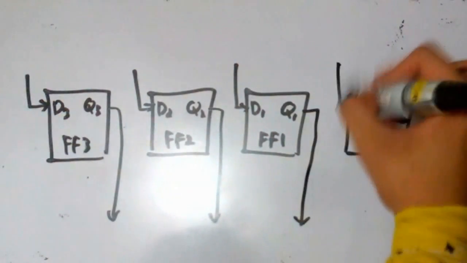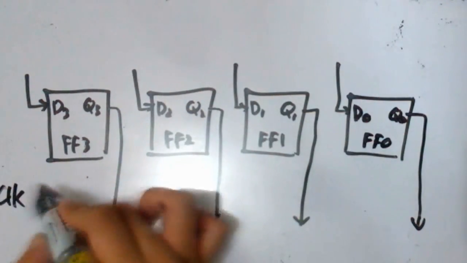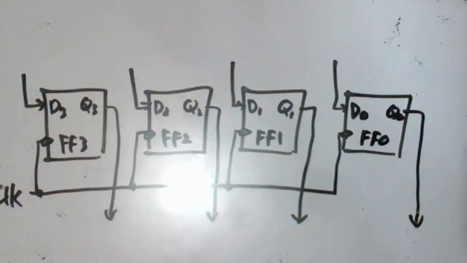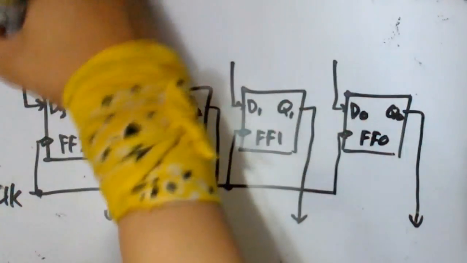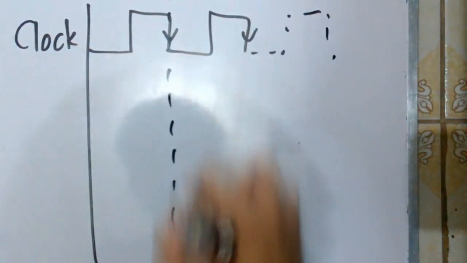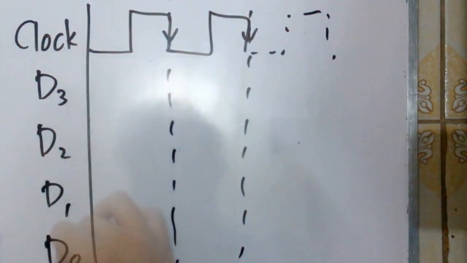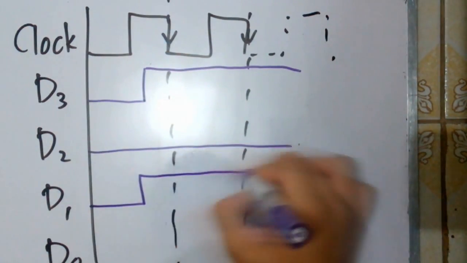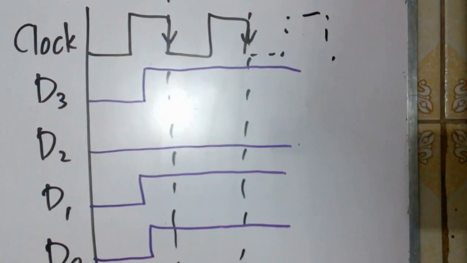In here, all bits of data are entered in each flip-flop after each falling edge. For instance, we are to enter 1011 in the register. Looking at the square wave, we will make D3 high, D2 low, D1 high, and D0 high before the first falling edge.